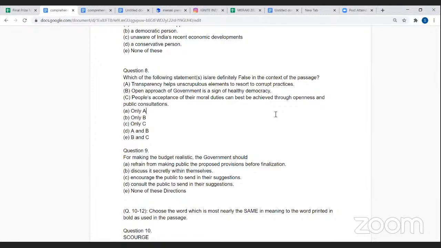So it will mean transparency helps people without morality to resort to corrupt practices, which isn't true in context of the passage. What we are trying to say is it helps remove the corruption, right? The transparency. That's why it's only A, which is false.